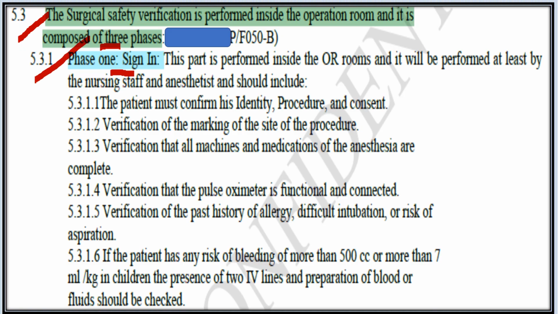This part is performed inside the OR at least by the nursing staff and anesthetist, and should include: the patient must confirm his identity, procedure, and consent; verification of the marking of the site of the procedure; verification that all machines and medications of the anesthesia are complete; verification that the pulse oximeter is functional and connected; verification of the past history of allergy, difficult intubation, or risk of aspiration; whether the patient has any risk for bleeding of more than 500 cc, or more than 7 ml per kg in children; and presence of 2 IV lines and preparation of blood or fluid should be checked.